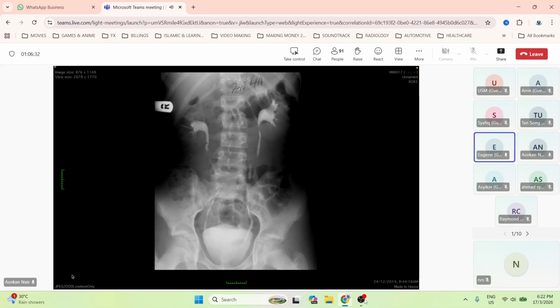There's no hydronephrosis or hydroureter. There is some narrowing at the left proximal ureter.